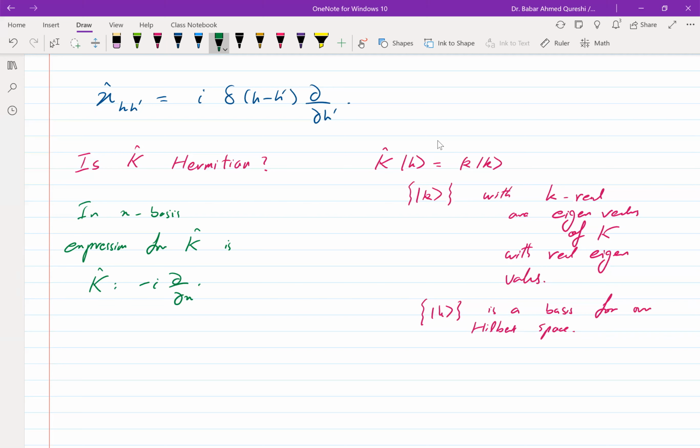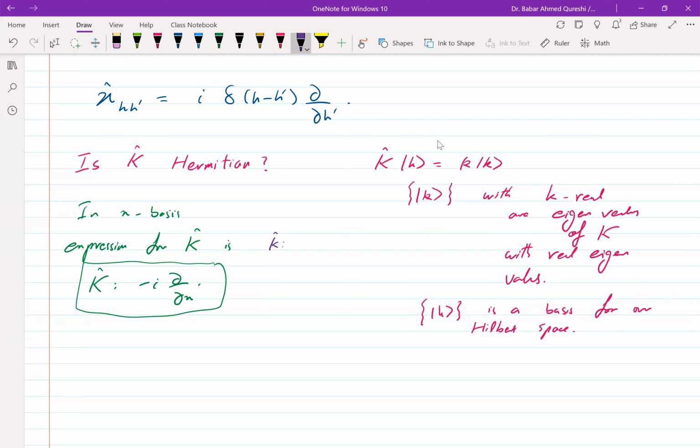By the way, when we computed this thing, you can go back and look in the notes that we didn't have to use anything except for the very definition of K hat. What was the definition of K hat?